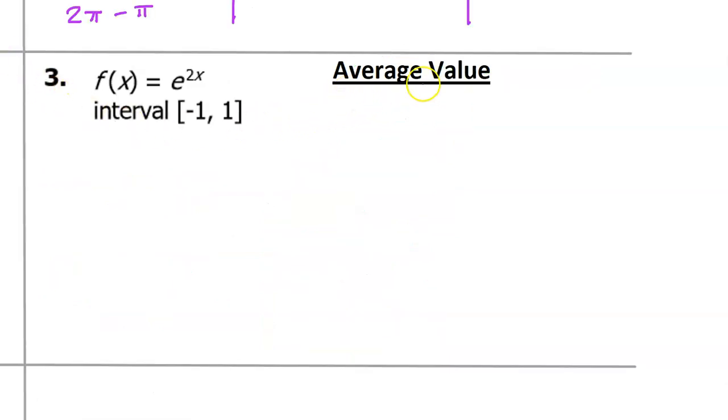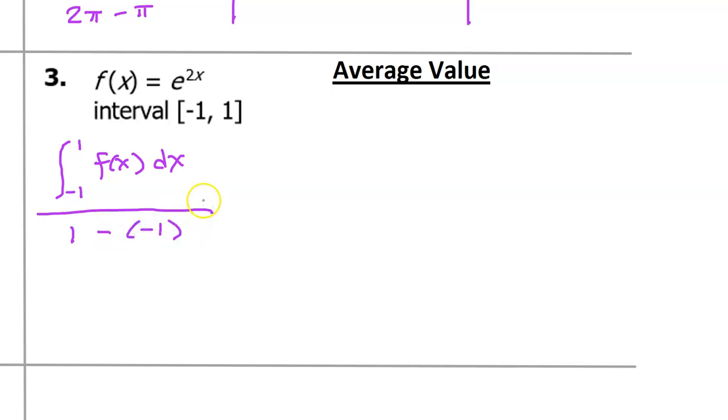Let's set up the average value of f of x on the interval from negative 1 to 1. Average value is integral divided by interval. So the integral from negative 1 to positive 1 of f of x dx, all right, that's the integral divided by the interval, which will be 1 minus negative 1.